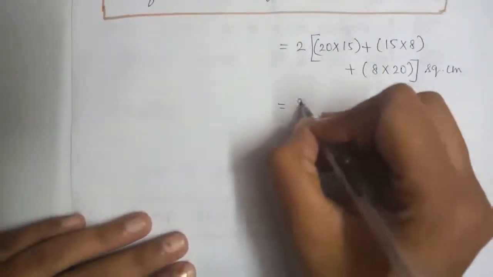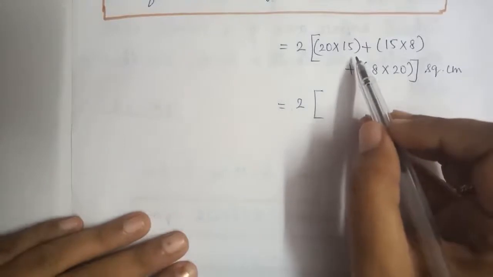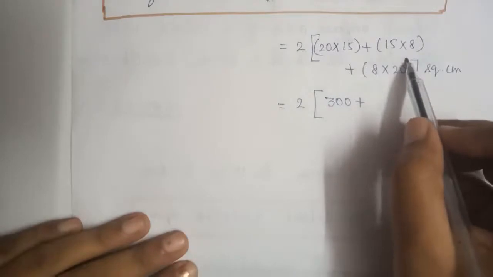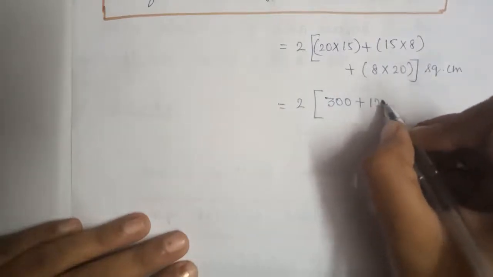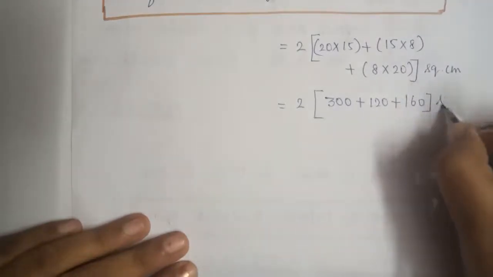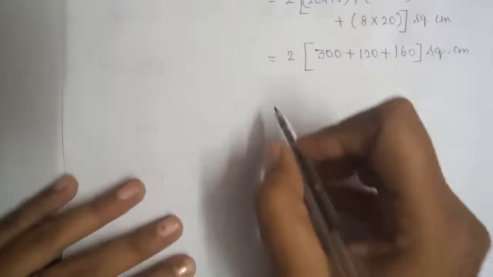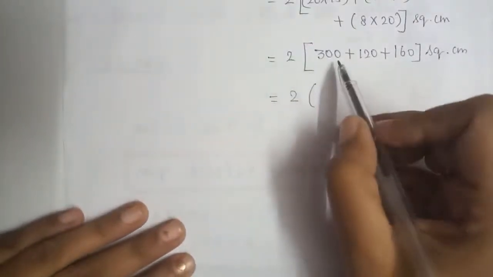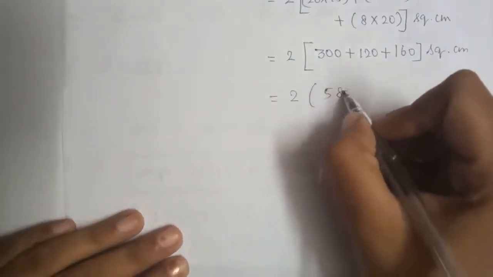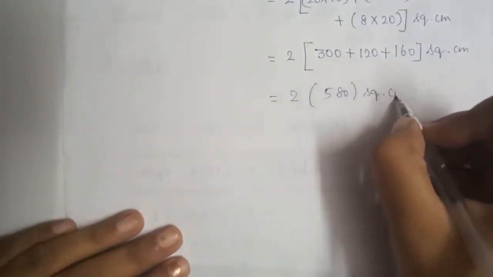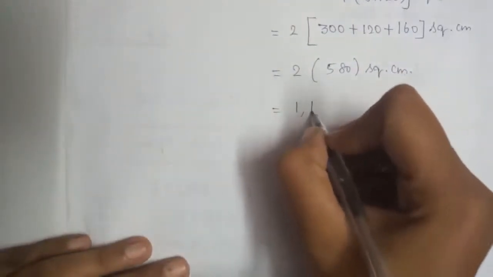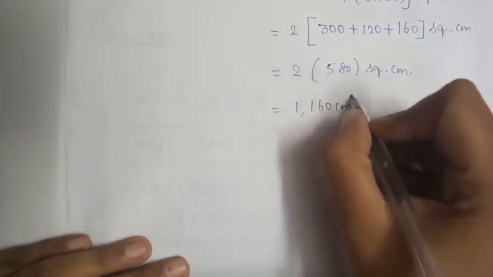So 20 into 15 is 300, plus 15 into 8 is 120, plus 8 into 20 is 160 square centimeter, which is 2 into (300 plus 120 plus 160), which is 2 into 580, that is 1160 centimeter square.